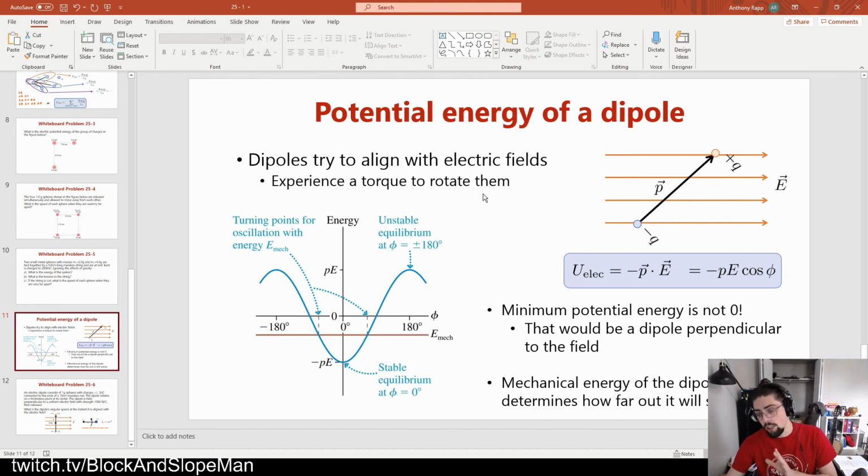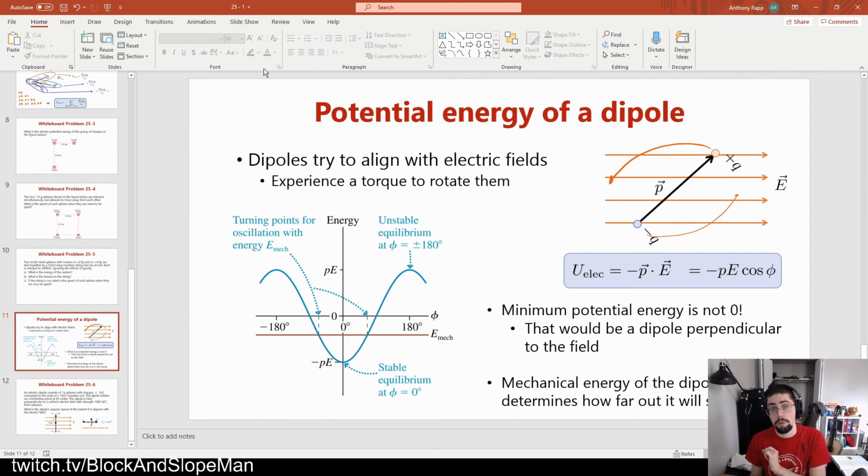So we do have a little bit of a standard in this one, and this is kind of an arbitrary value again. When the dipole is completely perpendicular to the electric field, we're going to call that potential energy equal to 0. If it's turned around, so if I kept turning this thing clockwise and made the positive charge go all the way over here, and the negative charge all the way over here, so it's completely misaligned or backwards against the field, that is going to be my highest possible potential energy, right?